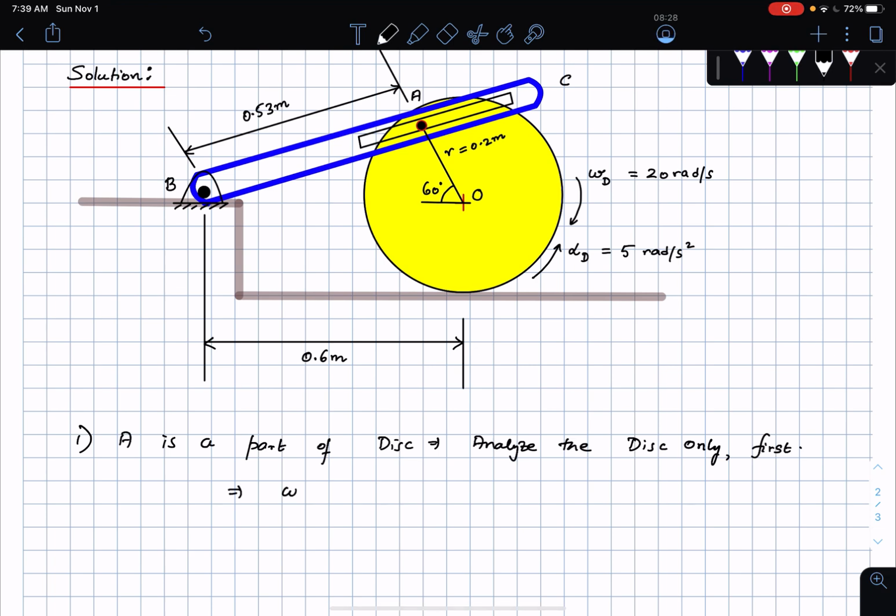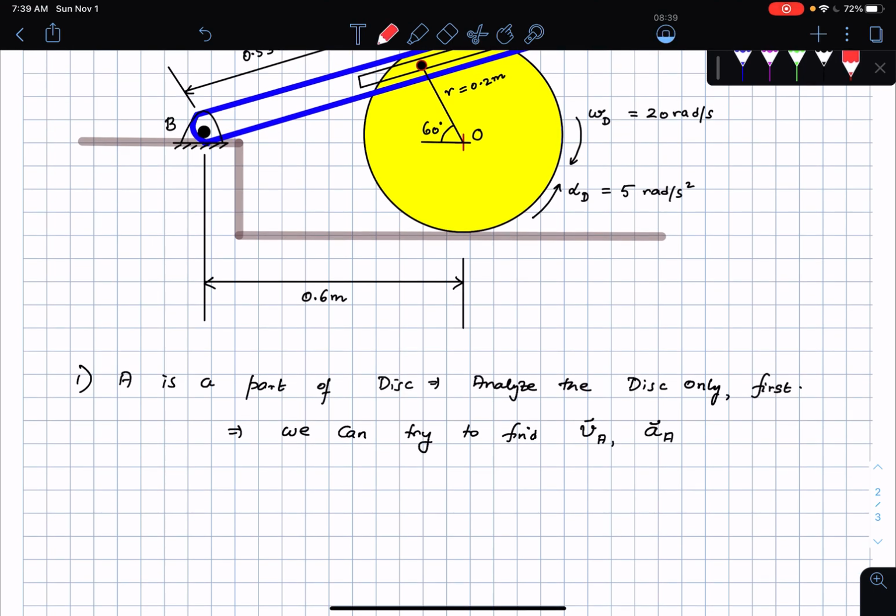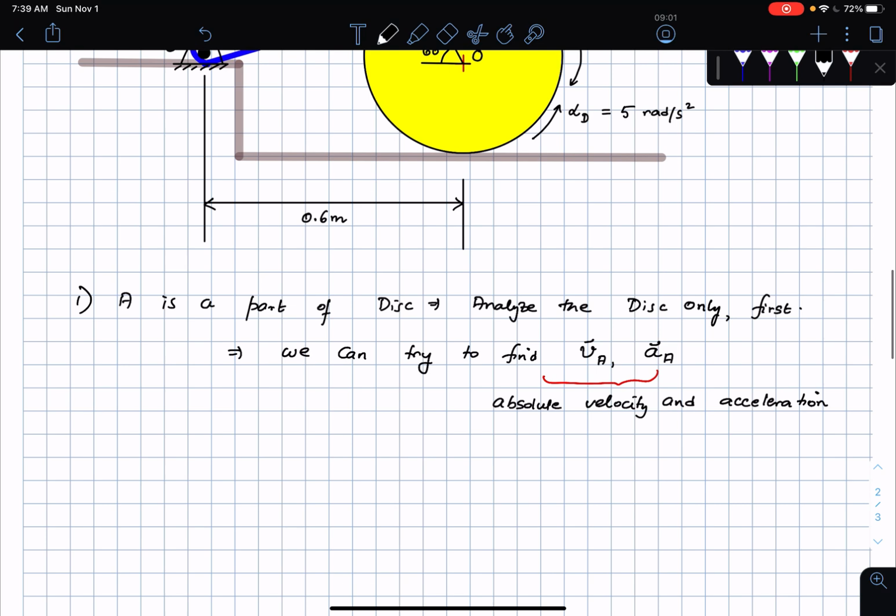This means that we can try to find the absolute velocity of A and the absolute acceleration of A. These are the absolute velocity and acceleration, which is something you want to specify. Then once I find this, I go back to the bar BC, and I make use of relative motion equations and try to combine everything together.